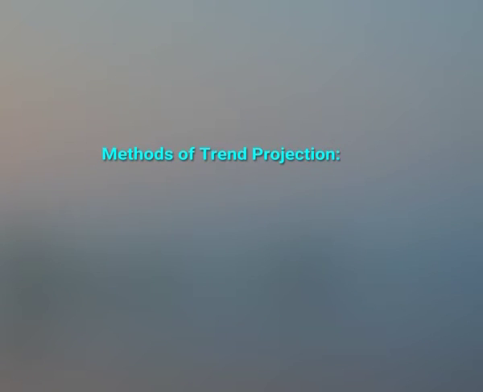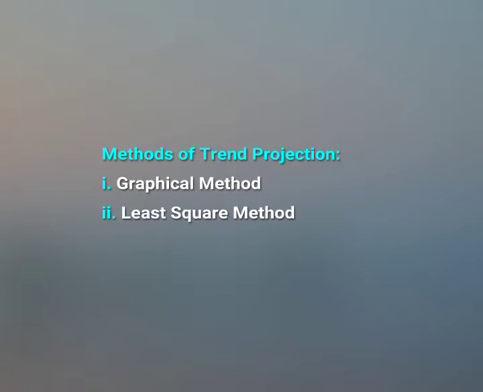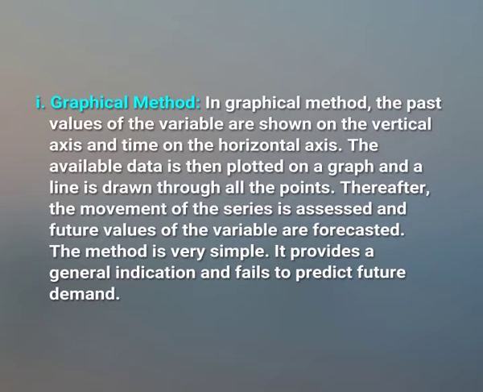Now, we will see methods of trend projection. The first method is graphical method, second one is least square method, and the third one is Box-Jenkins method, which we say for this method is ARIMA. Now, we will have a look at the first method, which is graphical method.